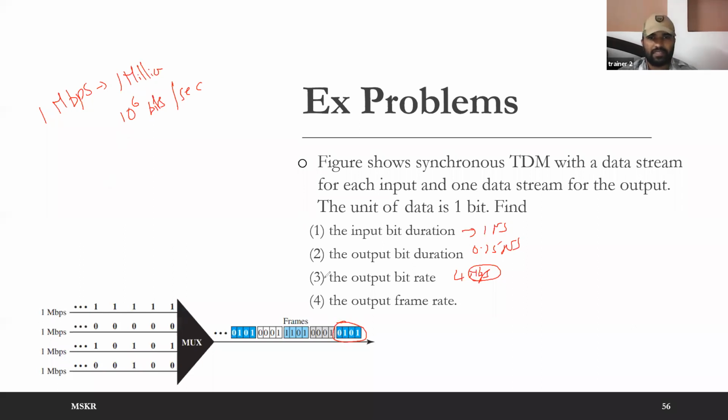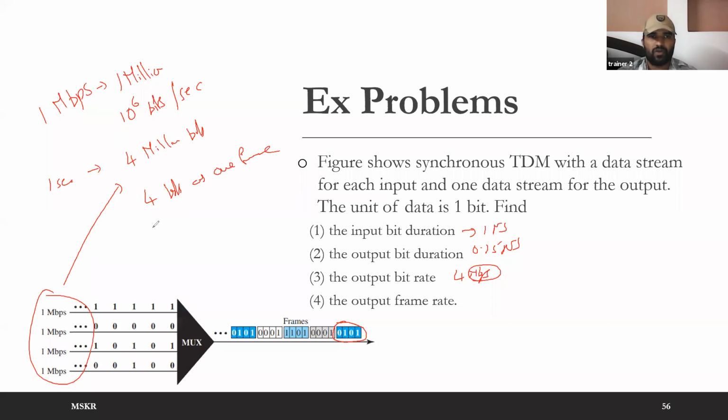That means, let's say in 1 second from 4 users, you are going to get 4 million bits, but you are sending 4 bits as one frame.